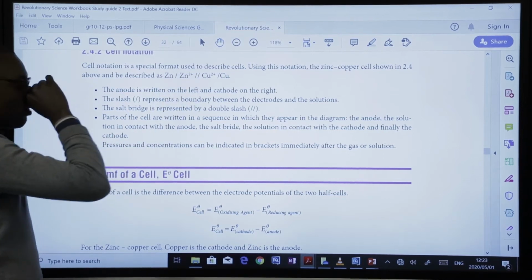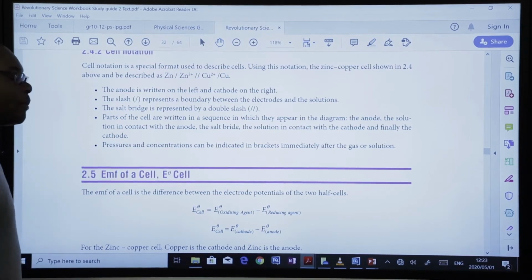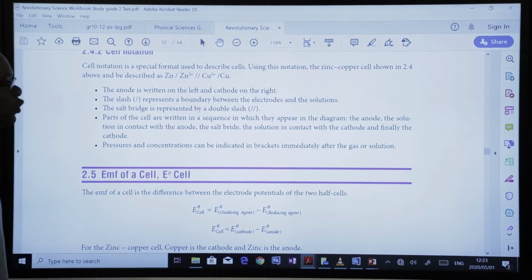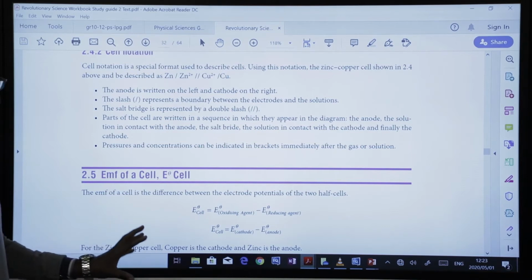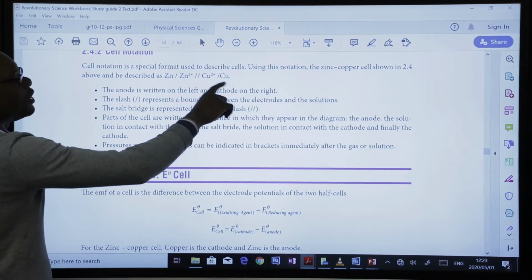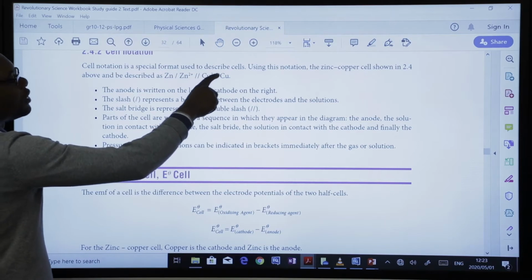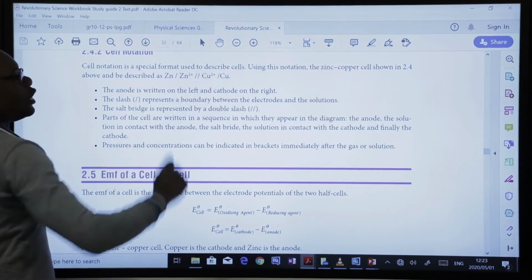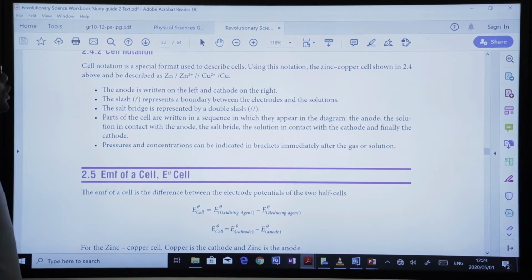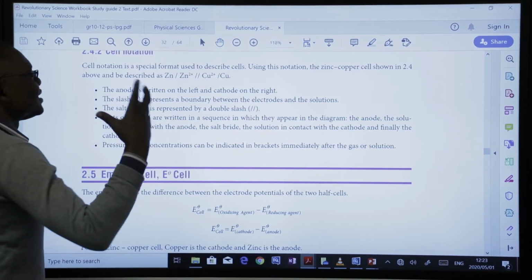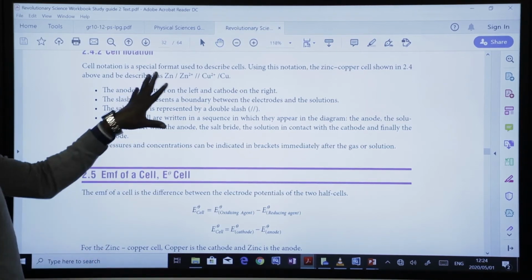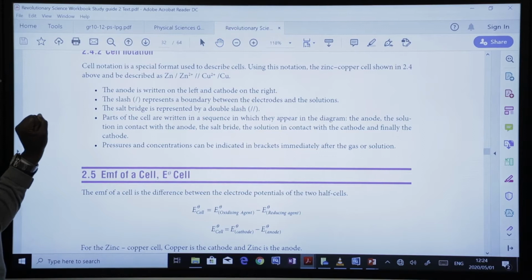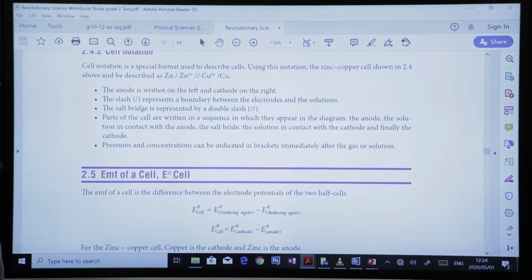Then this double slash is a salt bridge, which separates the two electrodes in the galvanic cell. And again, here is a phase change from ions to atomic copper. There is a simple way of interpreting this representation: whatever you represent on your left is the anode, and whatever you represent on your right is the cathode.